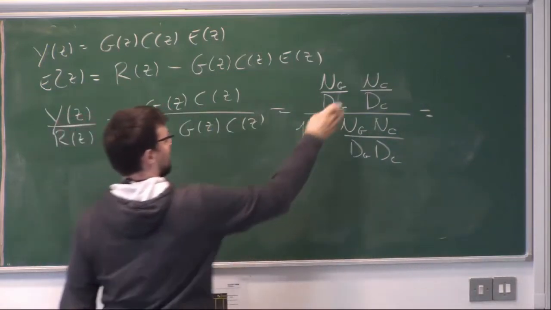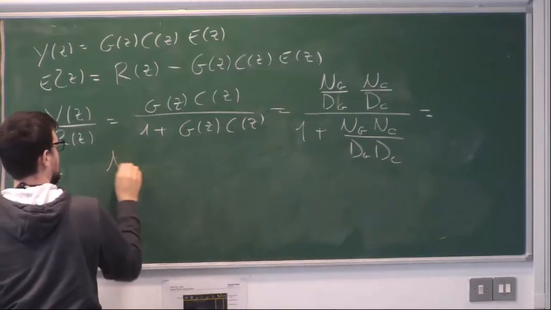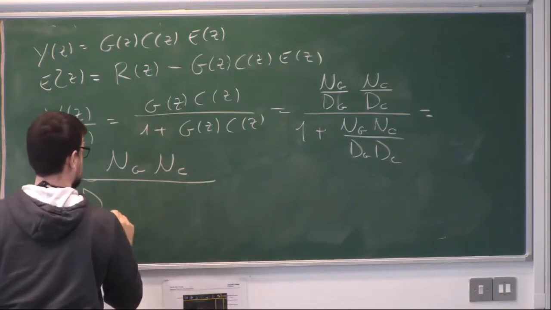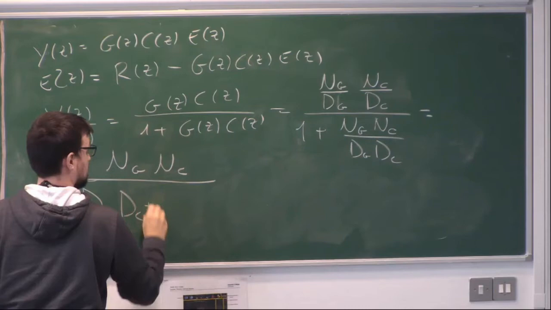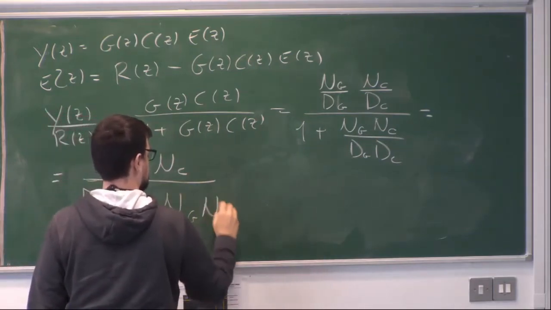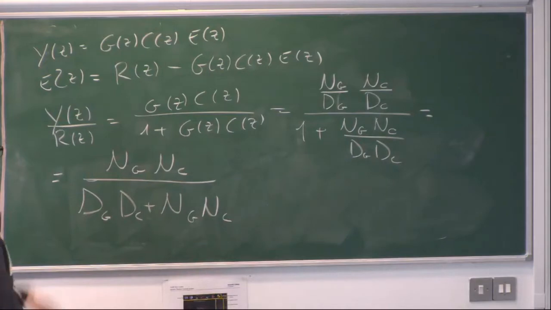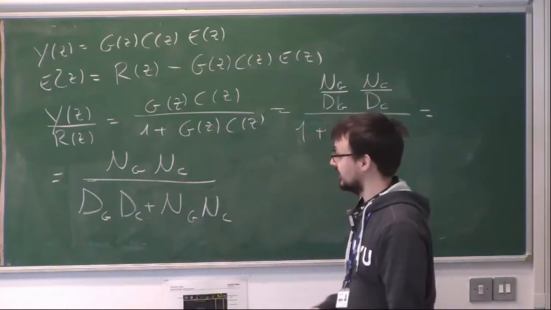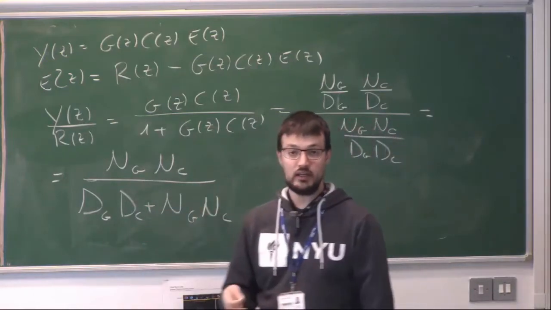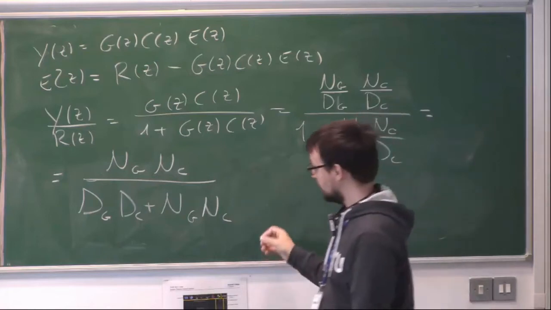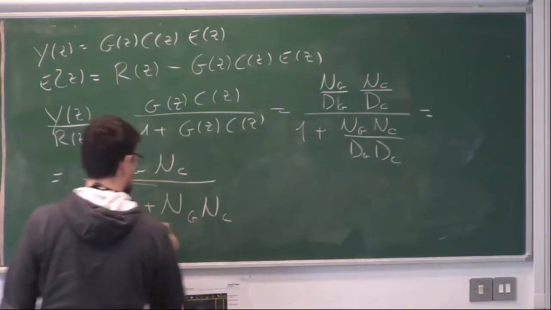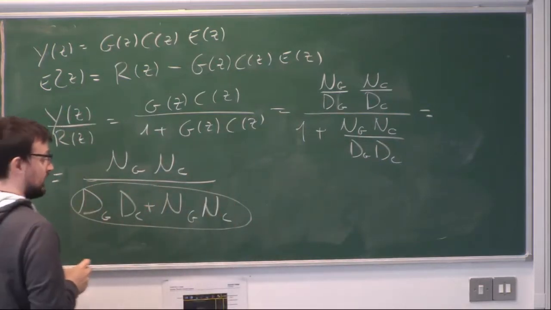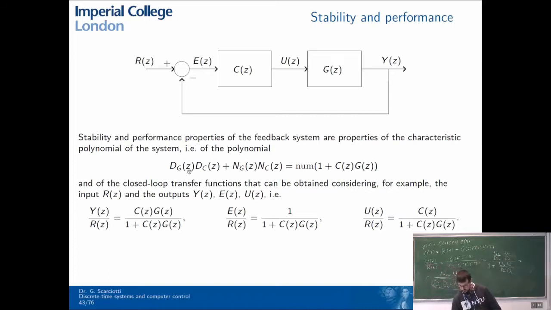And we also simplify this denominator with that denominator, and what we obtain is this expression over here. So we see that the transfer function between y and r is equal to this, and we know that the stability properties of the system can be assessed looking at the poles of the transfer function. And we see that the poles of the transfer function, in this case, are the roots, sorry, of this polynomial here.